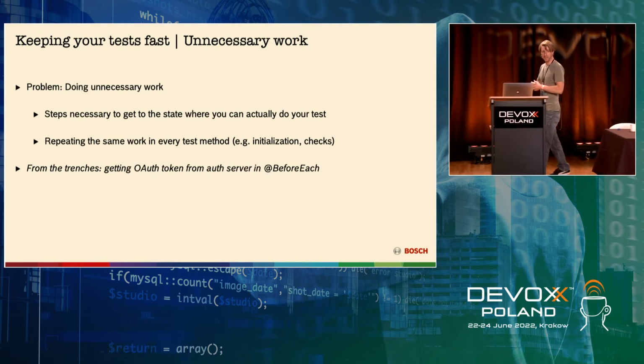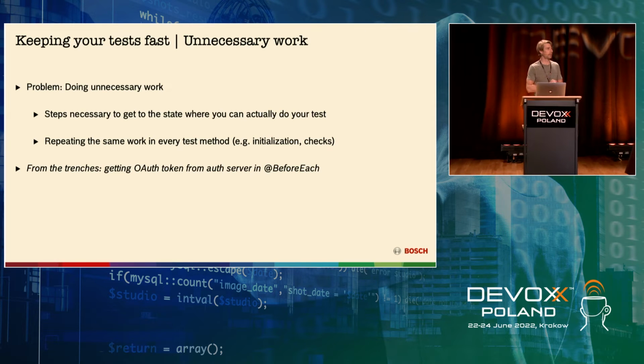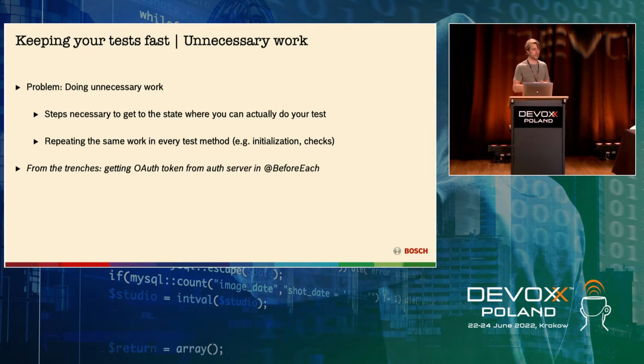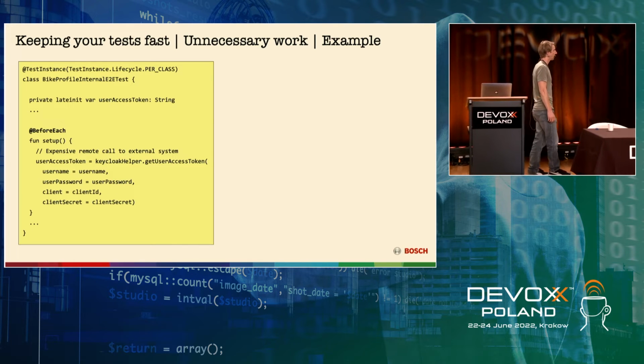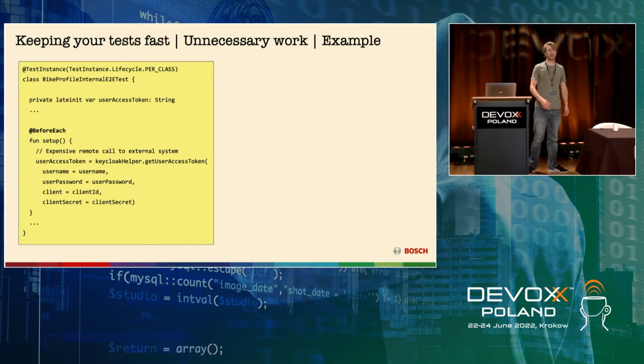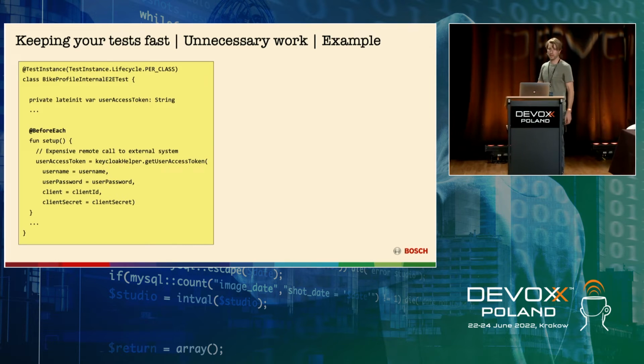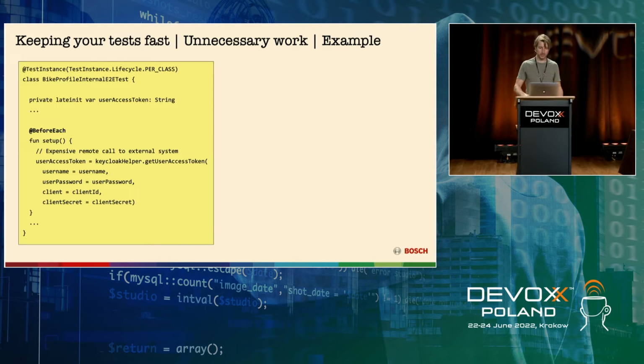Also, it could be that you're repeating the same work in every test method, initialization, checks, and everything. So I have an example here from our project where we needed an OAuth token to do some end-to-end tests. So we have Keycloak, we call it to get a user token, and we do that before each test, and that's basically how that works.